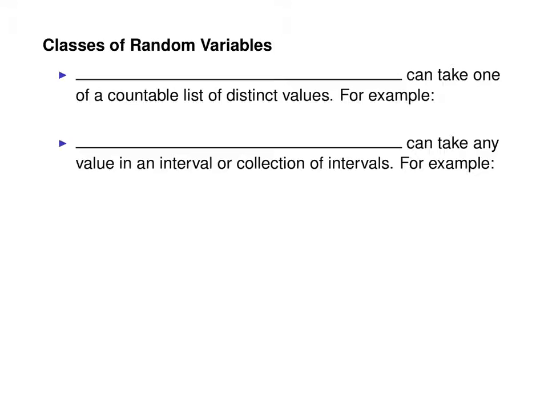And there are 2 different kinds of random variables, and we kind of already discussed these. The first one is called a discrete random variable. This must take a value from a countable list of distinct values.